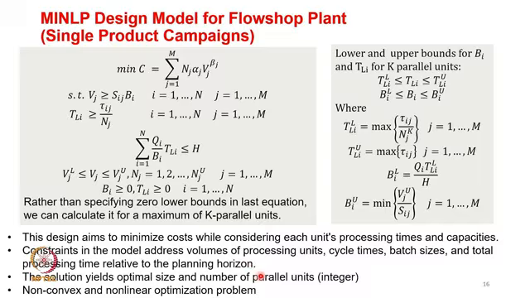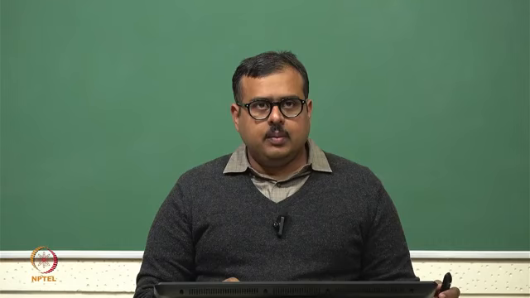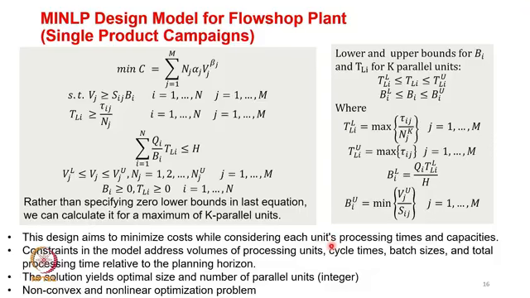So this particular optimization problem here, whatever problem we have seen graphically, we have now done a mathematical formulation of the same. If we solve this, I request you to recall the lessons of optimization that you have learned in your earlier classes. So when we solve the MINLP problem, what is that solution?